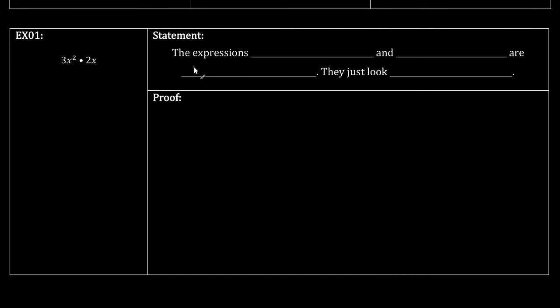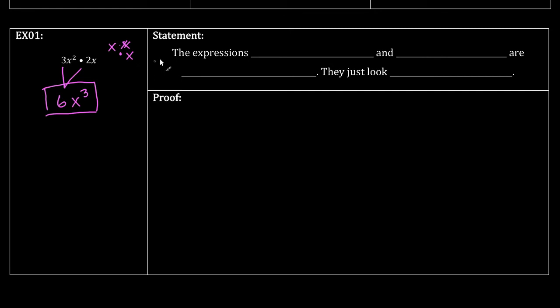So let's go ahead and see how we may offer some sort of proof that we didn't get it completely wrong. It's probably okay. So 3 times 2, a positive times a positive is a positive. 3 times 2 is 6. X squared times x. So that's x times x from here times another x. So x to the 3rd power.